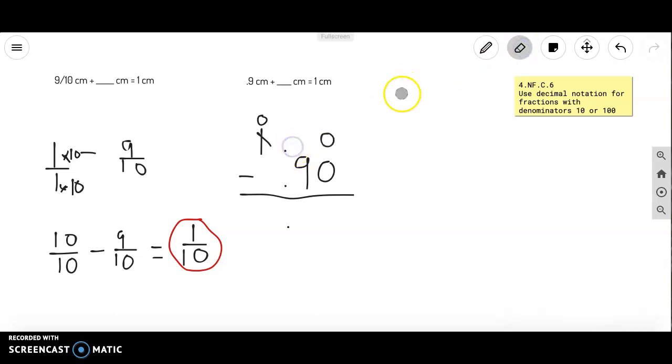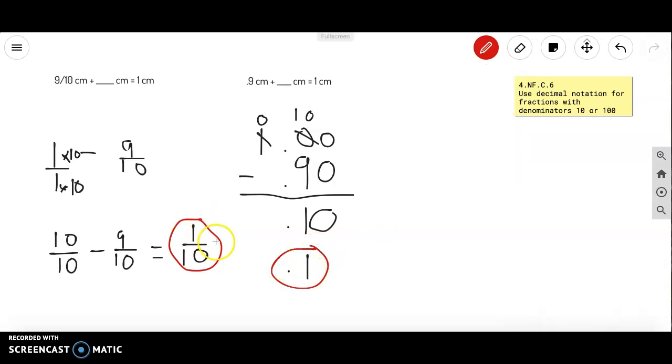Here, I'll do it this way, that way when we're looking at the screenshot later, we're not confused with what Mr. G did. There. 10 minus 9 is 1. 0 minus 0 is 0. You can rewrite this as just 0.1, which is 1/10. And these are equal, which is very cool.